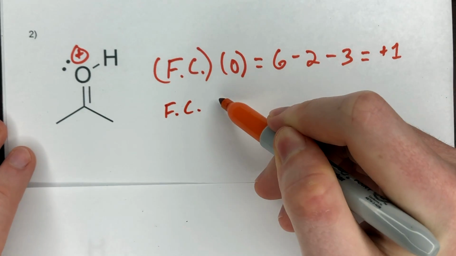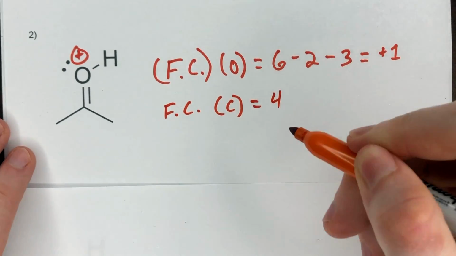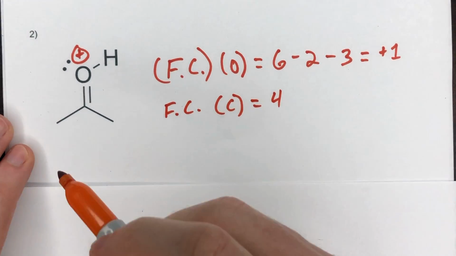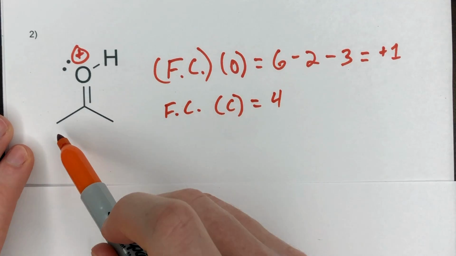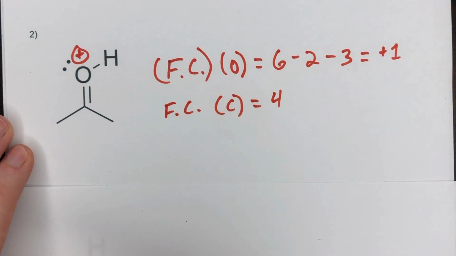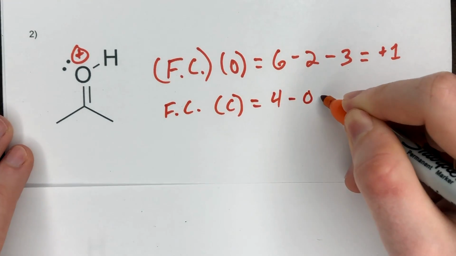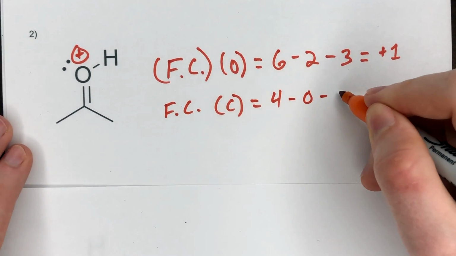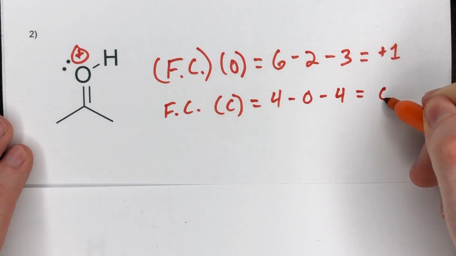So our formal charge of the carbon. Again, we know carbon wants 4 to be neutral. We looked at that in the previous question. And it is doubly bound to the oxygen and single bound to another carbon and to another carbon. So that is 4. And there are no lone pairs, so we subtract the 0 unshared electrons, and then minus 4 for the bonds, that's 0.